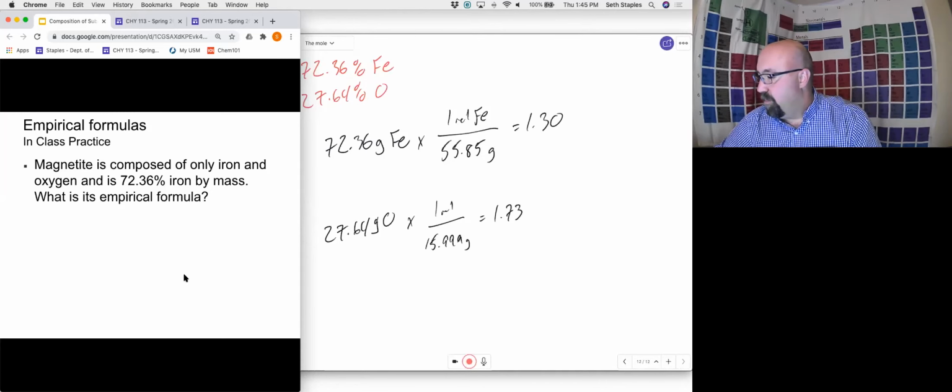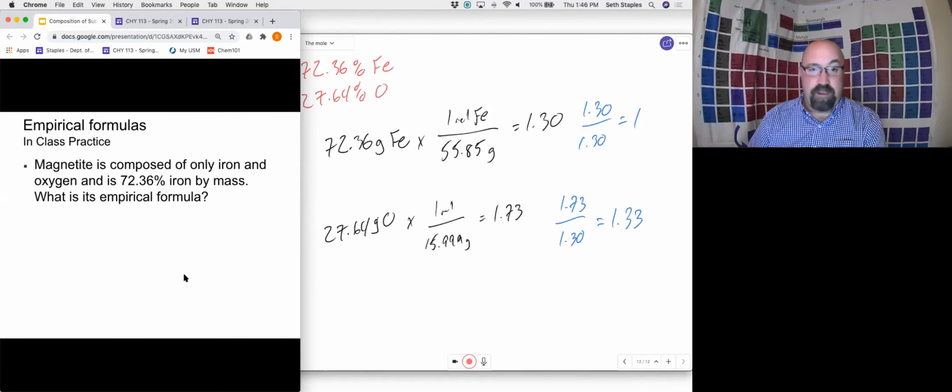Now we divide each of those by the lowest number. The lowest is 1.30. So we get 1.30 divided by 1.30 equals 1. 1.73 divided by 1.30 equals 1.33. Now we know we can't really use that 1.33. That doesn't make a lot of sense, but let's just put it in as a placeholder to start.